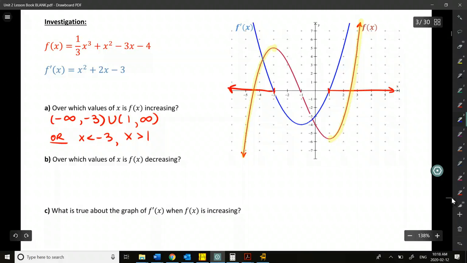So if f of x is increasing along these intervals, where is f of x decreasing? Michael? In between, right? So -3 to 1. Or you can say it like this in inequality notation. That would be the interval in between, all along here.